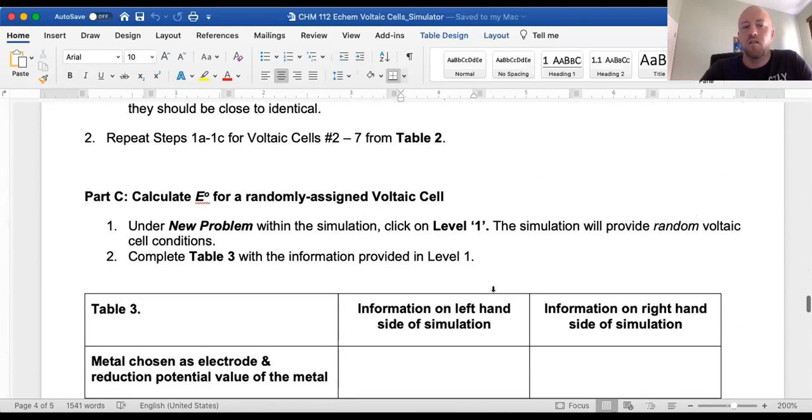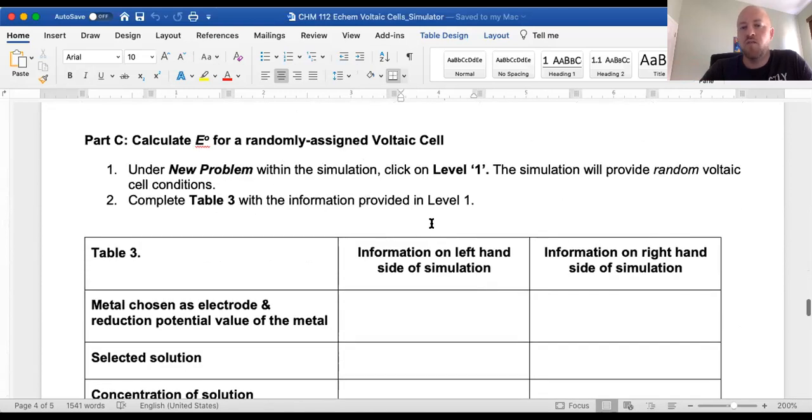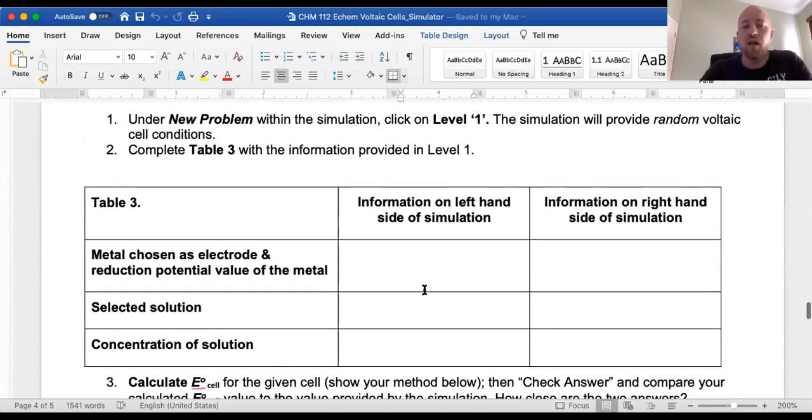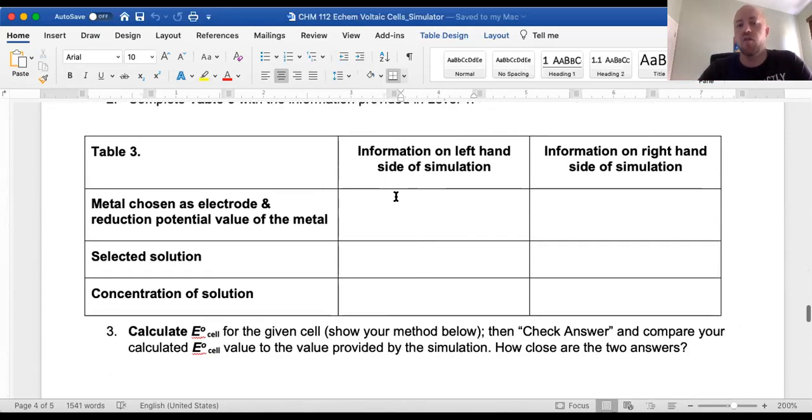Okay. You have a random cell. There's a way to click on and have it give you a random cell. And so you essentially are going to determine the dynamics of the random cell, and you're just writing down the information that it generated for you.